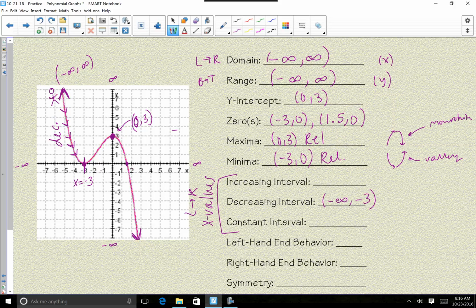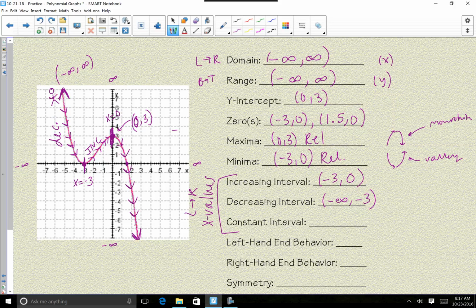All right, then at that -3, he turned and he's going to start to climb the hill again, just for a little bit, until he reaches this x value here of x equals 0. So this right here is a place of increase from -3 to 0.